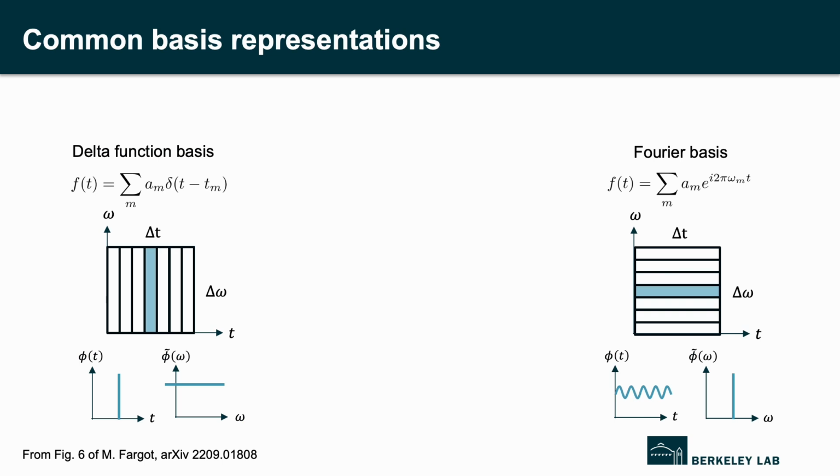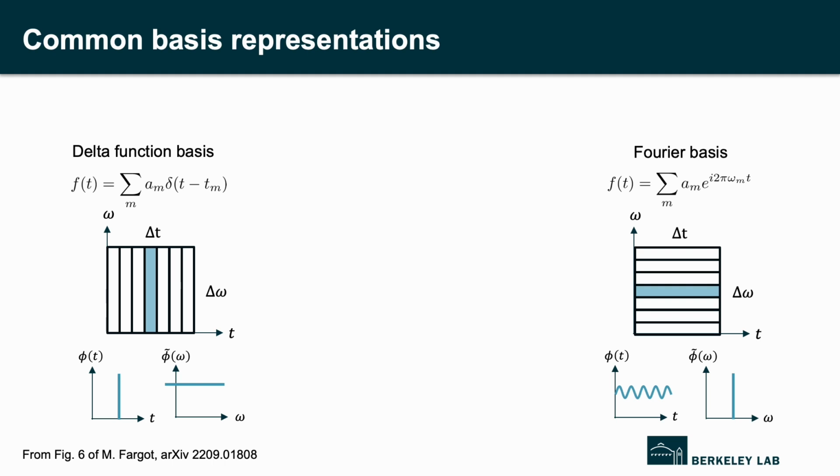You all are probably very familiar with the standard representations, the delta function basis and the Fourier basis. Just as a quick recap, in the delta function basis the basis functions are delta functions, and so they provide information about our data set at very specific points. However, they don't provide any frequency or spectral information about our data.